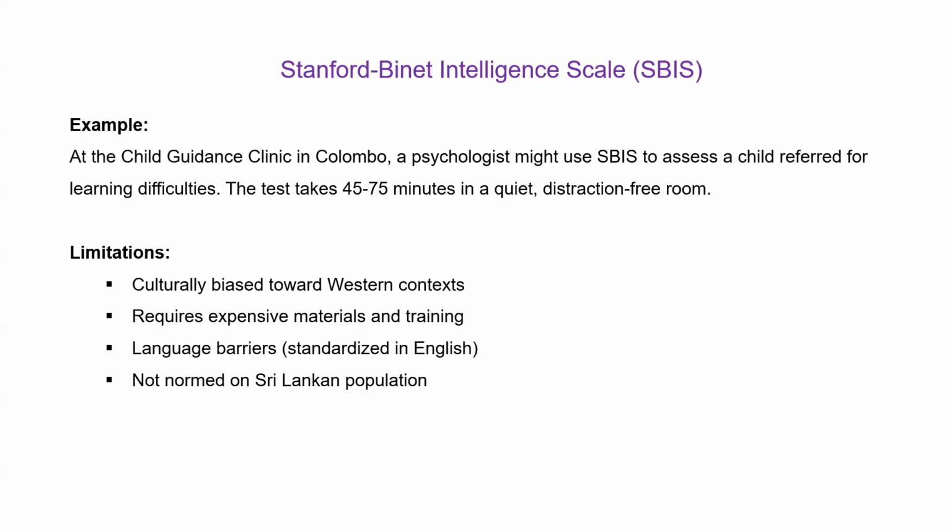So at a child guidance clinic, for example, let's take an example and see. At the child guidance clinic in Colombo, a psychiatrist might use the SBIS to assess a child referred for learning difficulties. A child has learning difficulties. He can't do the work given in the particular class.